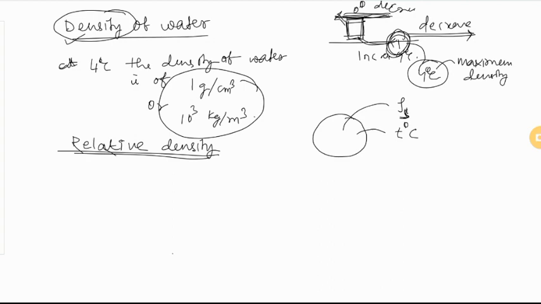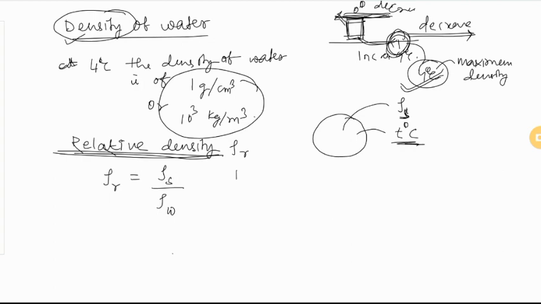Then relative density, denoted by rho r, is nothing but the ratio of density of substance at T degree centigrade to density of water at 4 degree centigrade.